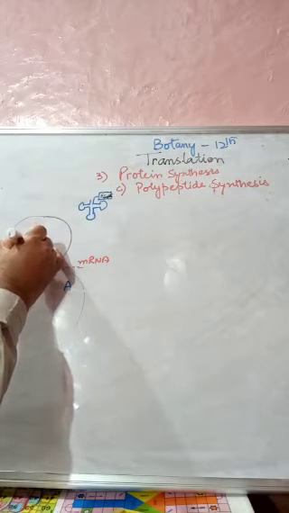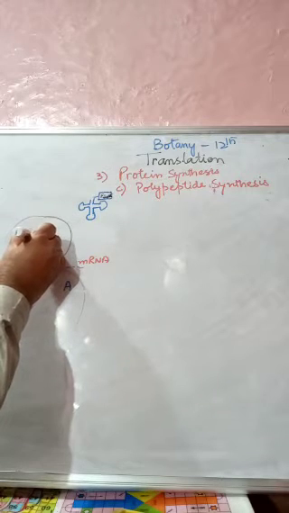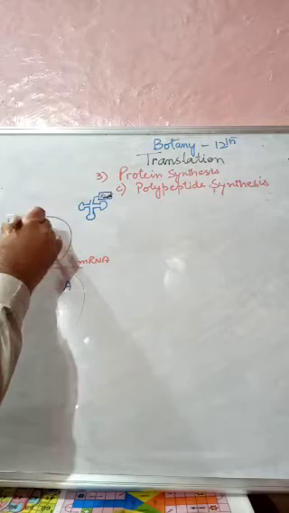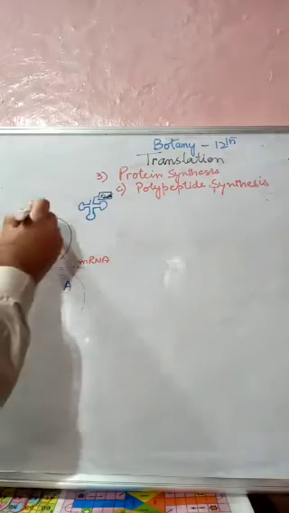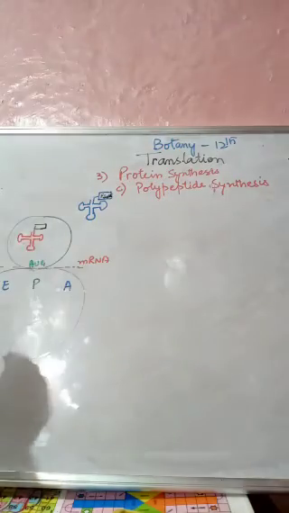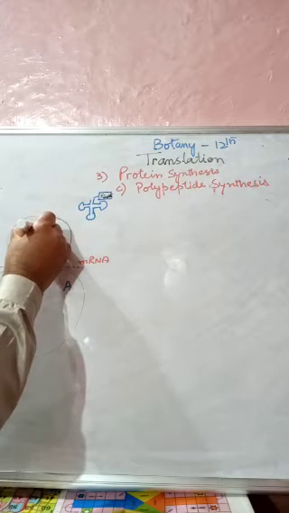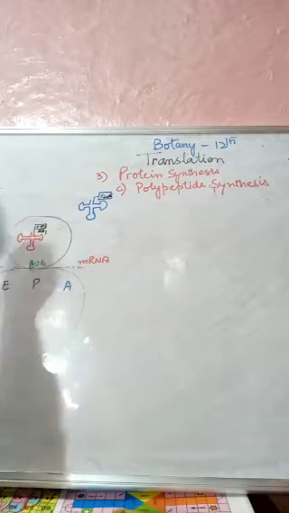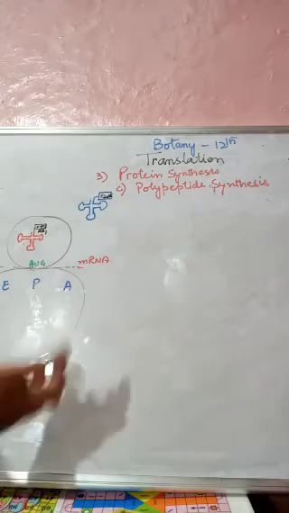First loop, this is the second loop, this is the third loop, and this is what we will see here. We have got this amino acid site, that is the fMet, we call it AA1.